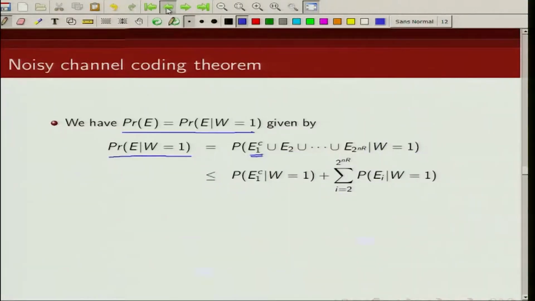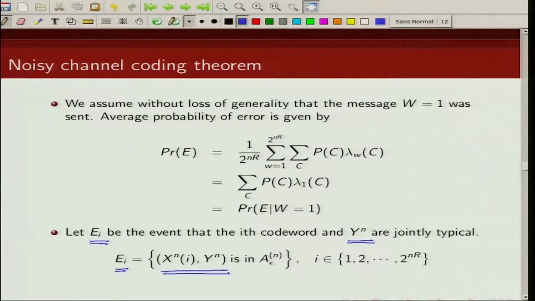If you go back and see, E1 corresponds to the event that X^n(1) and Y^n are jointly typical.